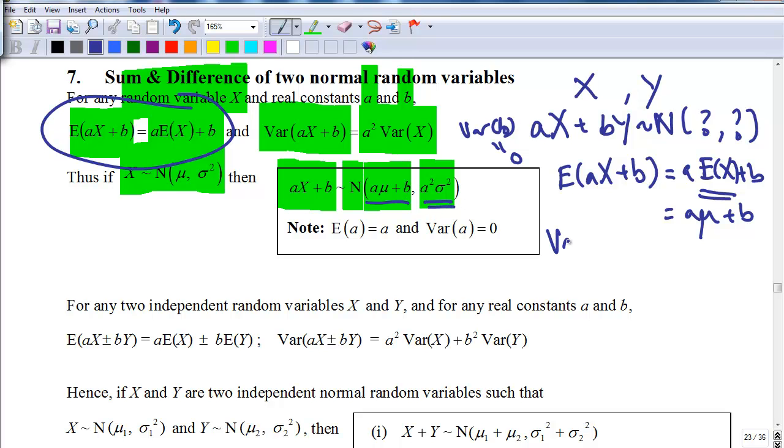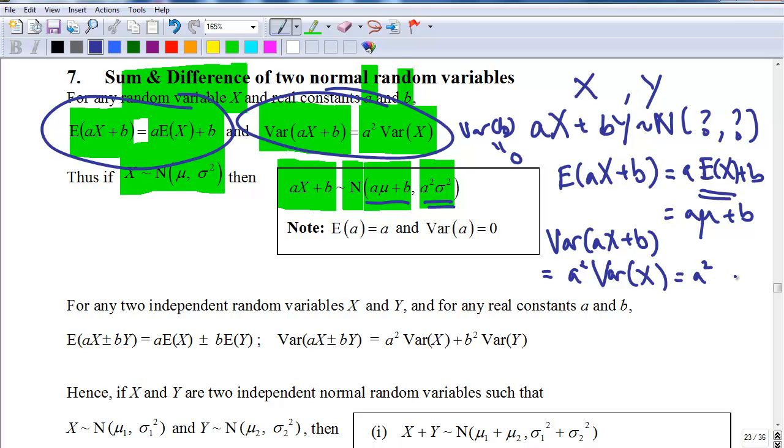Okay, so what is the variance of aX plus b? Now this is the same as, according to your formula here, a squared variance of X. And what is the variance of X? Sigma squared. Okay, so whenever you have a normal distribution X, then any distribution that looks like this, aX plus b, will always be normal with this mean and this variance.